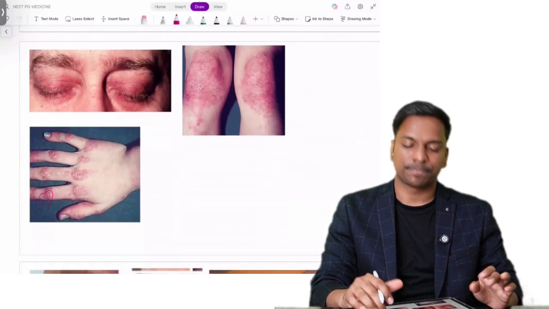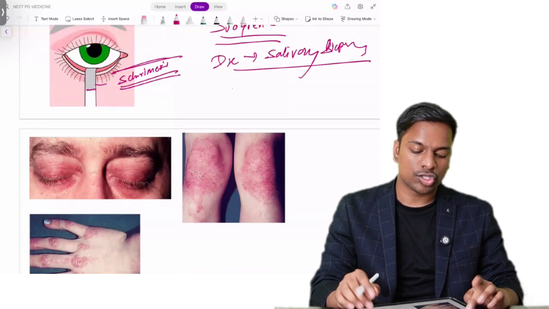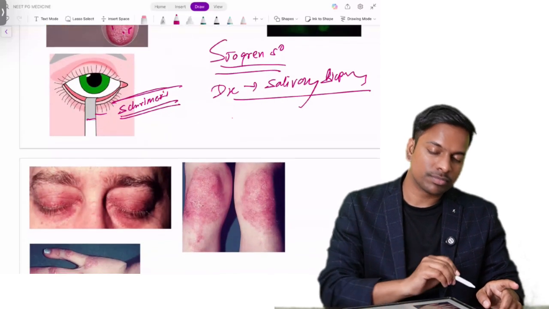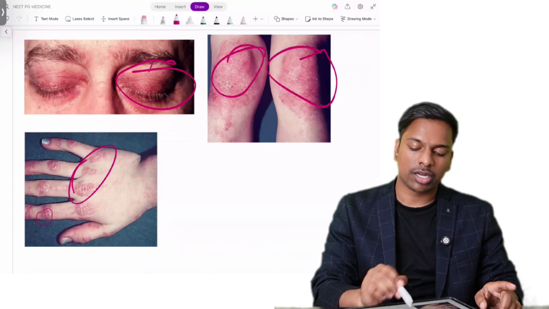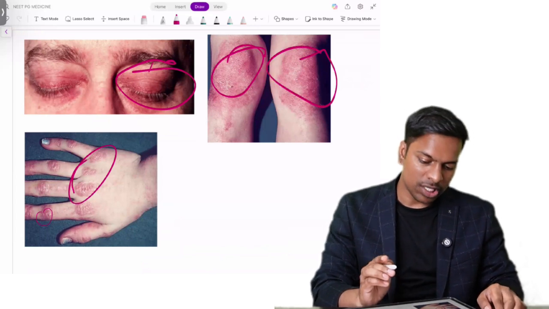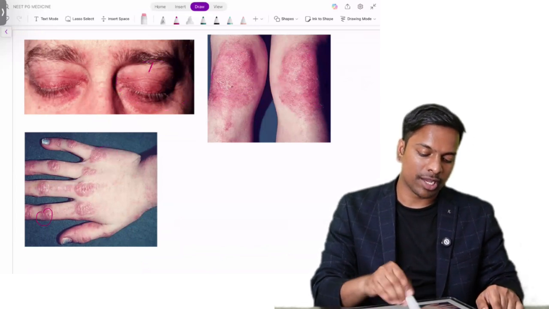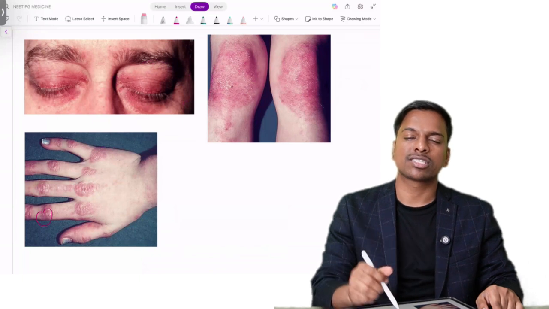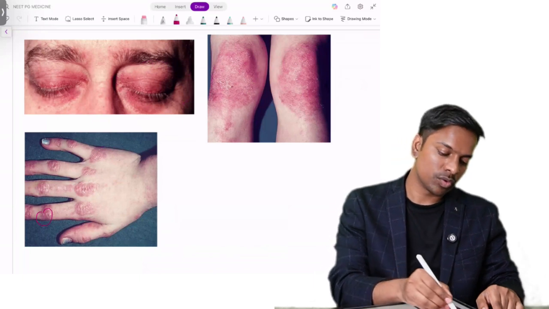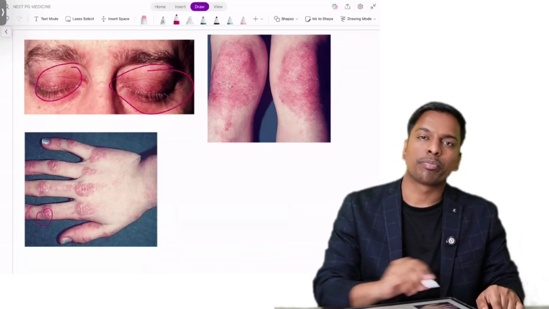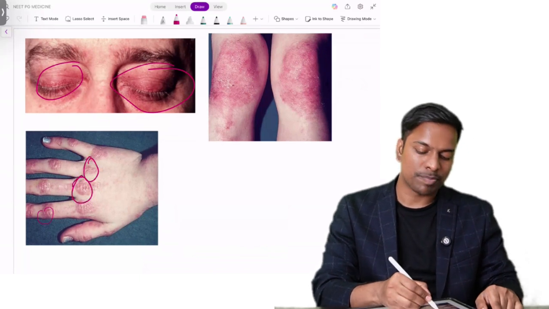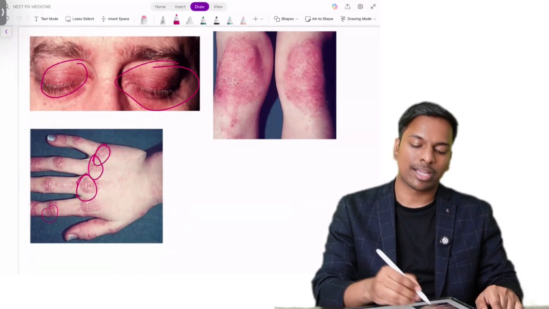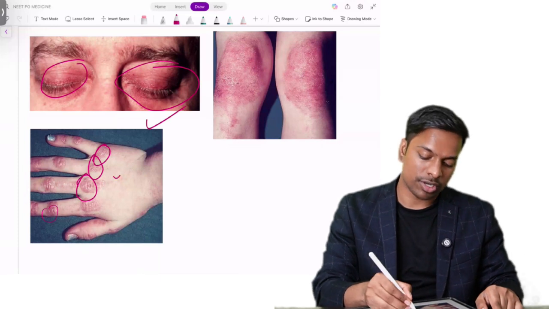Coming to the next topic, as we can see over here, the eyes are involved. There is some rash, also rashes on the hand. Also the joints are involved. Rashes are everywhere. So this is the case of a very important topic called dermatomyositis. This rash is called heliotrope rash. This is called Gottron's papules.